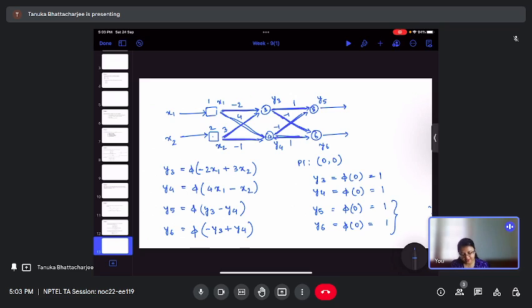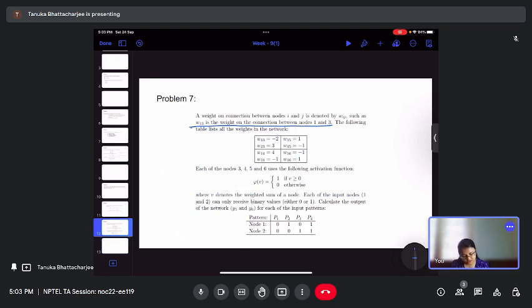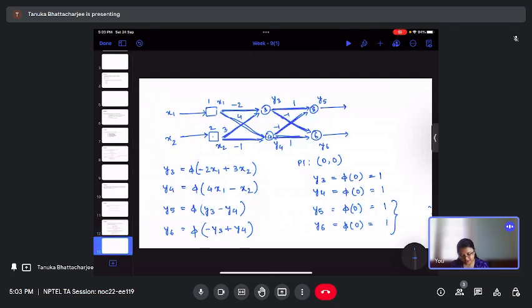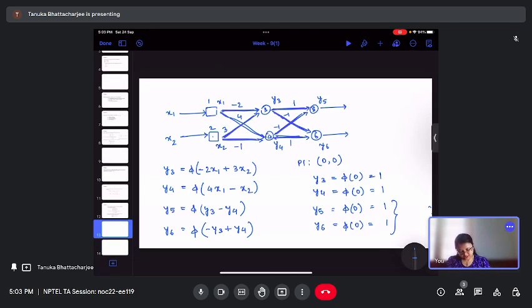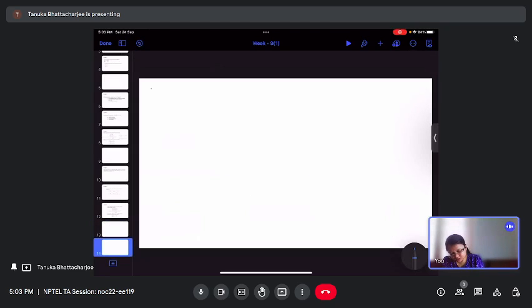Similarly, if you take the next pattern, which is 1 0. Let me take a new slide, and we will also copy these equations so that it is easier.